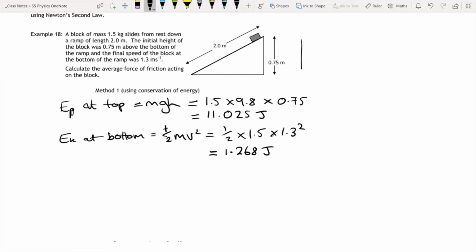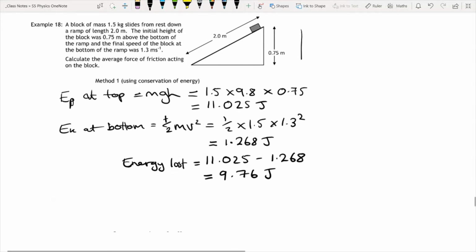So we've got obviously more energy at the top than at the bottom, quite a lot more. The energy lost is the difference between them, which comes to 9.76 joules.